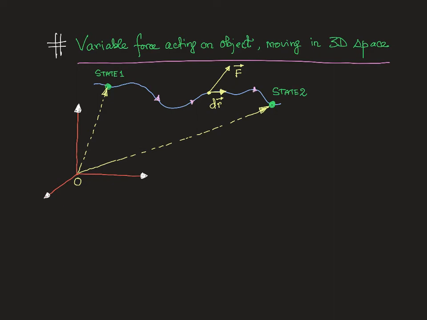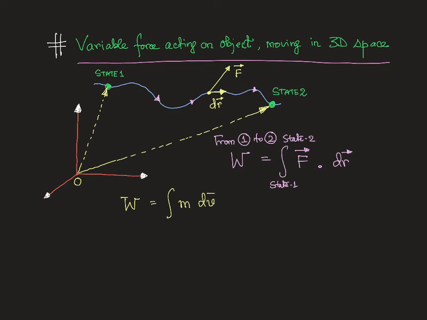With the force acting being F, the work done from state 1 to state 2 is the integration of F dot dr, with lower limit state 1 and upper limit state 2. That means W is equal to the integration of m dv/dt dot dr.